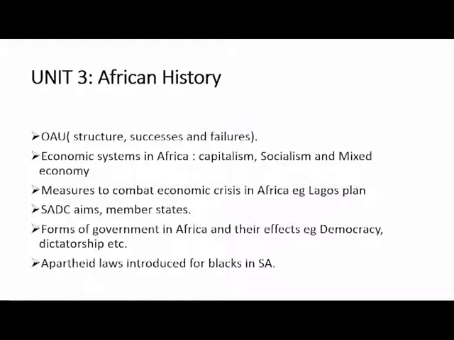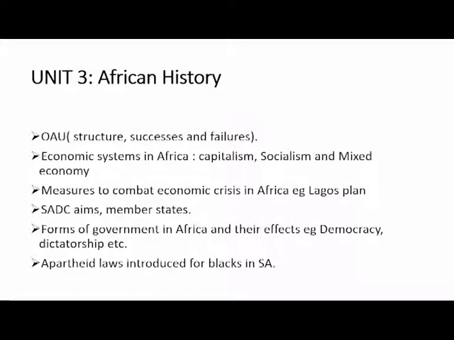For example, Namibia is practicing a mixed economic system. Other countries like Kenya are practicing capitalism, Tanzania socialism. We have those concrete examples in our books, in our study guides. So now, what is it that you have to know about these economic systems?